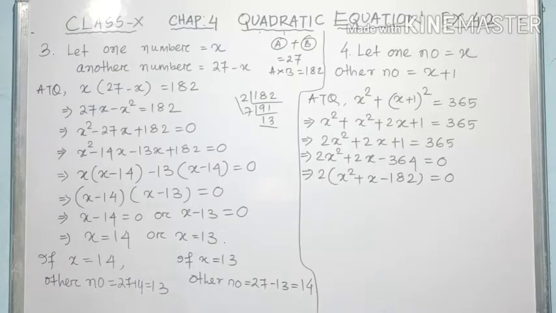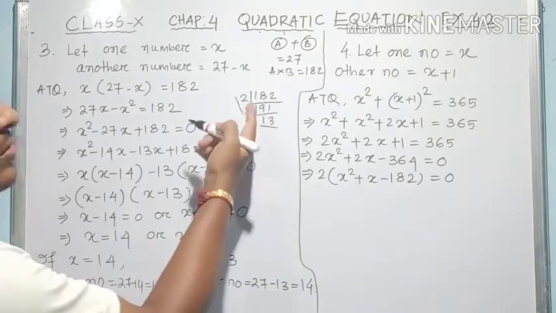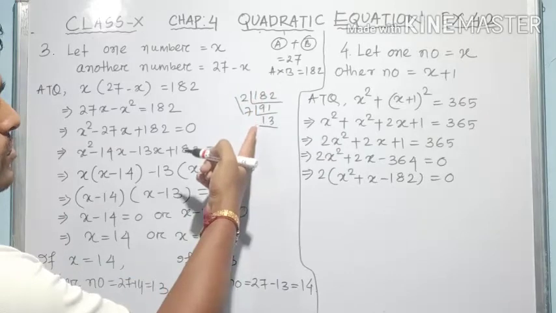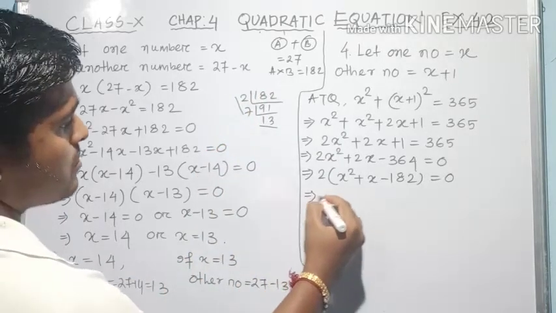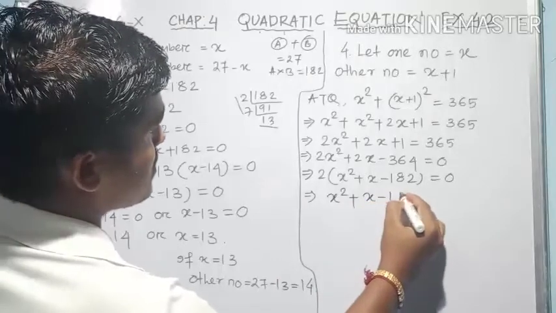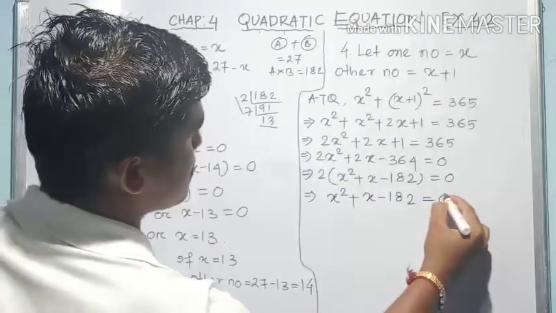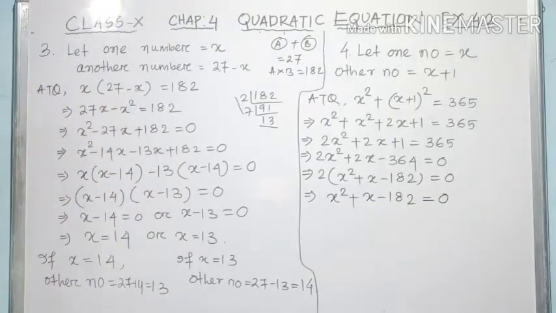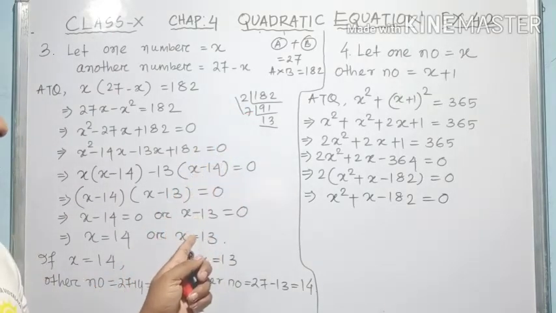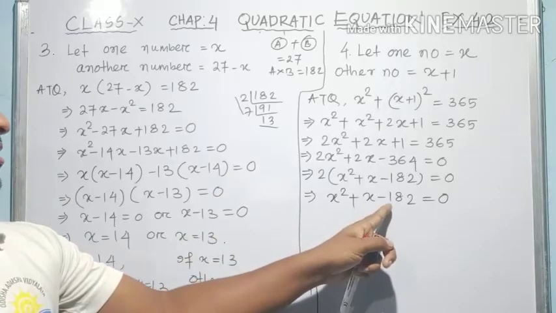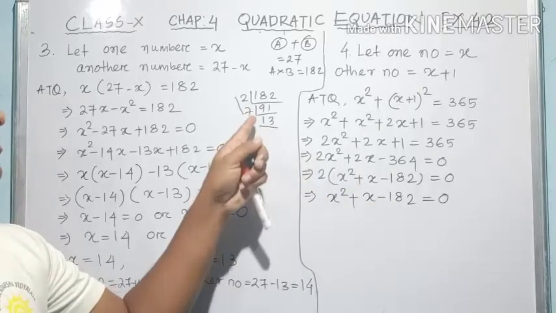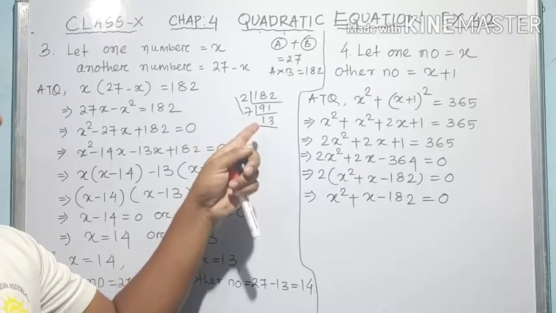So here we see the two integers on factorizing 182. The final equation is x square plus x minus 182 is equal to 0. On factorizing 182, as in the previous question, the two factors we get are 14 and 13.